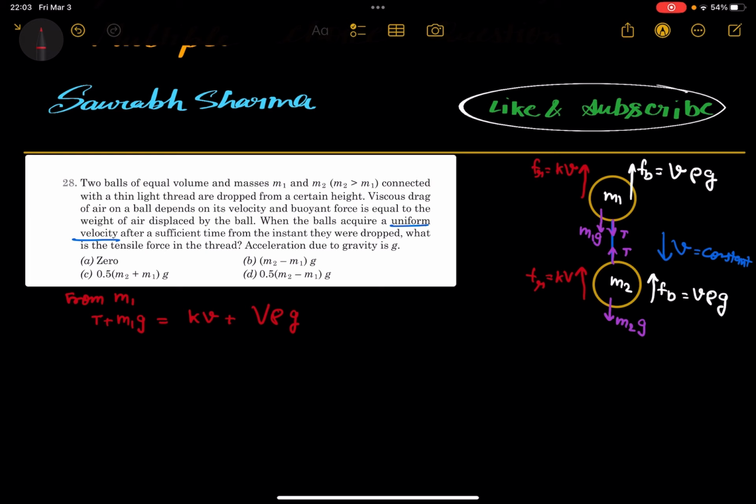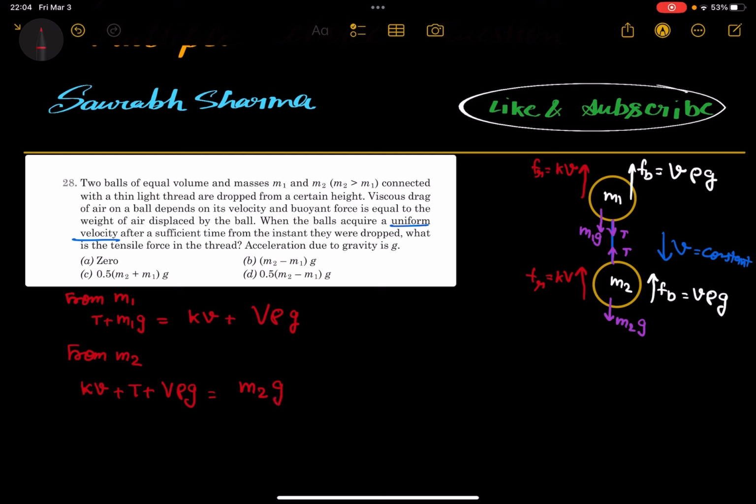If I write the equation for m2, it is Kv plus T plus V rho g is equal to m2g.